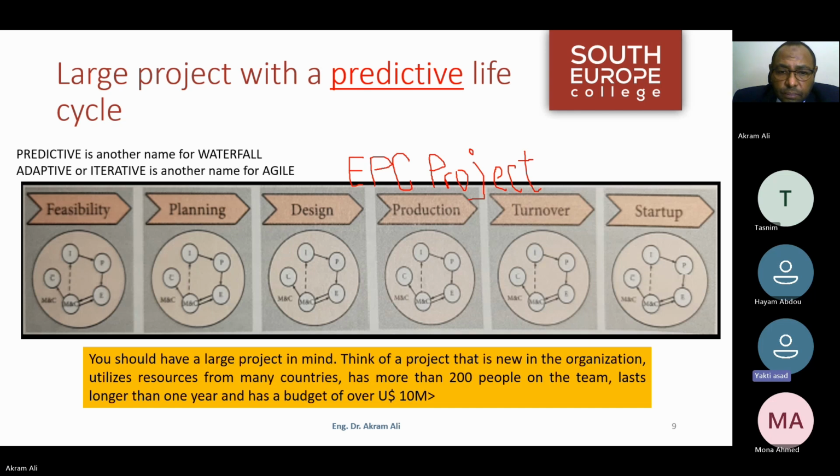About waterfall project management? Elaborate. A progressive elaboration. We're going to come to work breakdown structure sometime in this presentation.